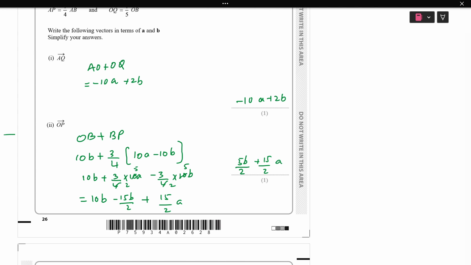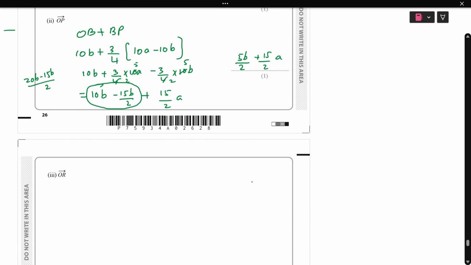Yeah, this is the answer for OP. Actually, we made an LCM: 20b minus 15b by 2. That's why I got 5b by 2.